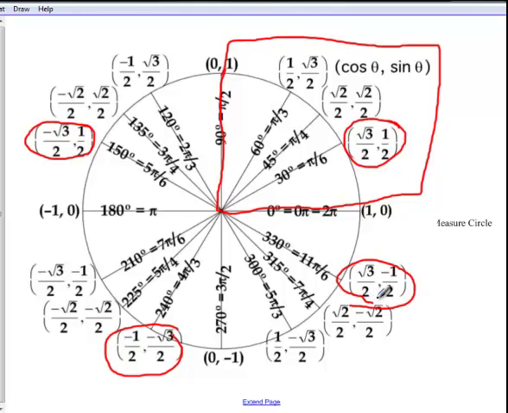And if you understand geometry and your reflections, if I take this point and I reflect it over the x-axis, all I do is negate the y. If I take this point and reflect it over the y-axis, I negate the x.